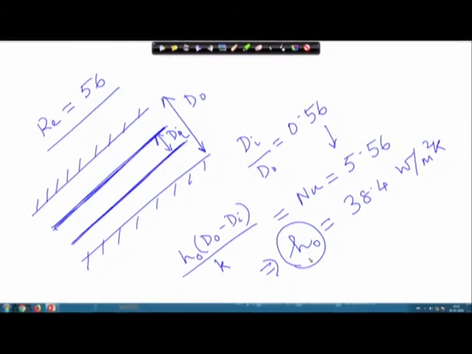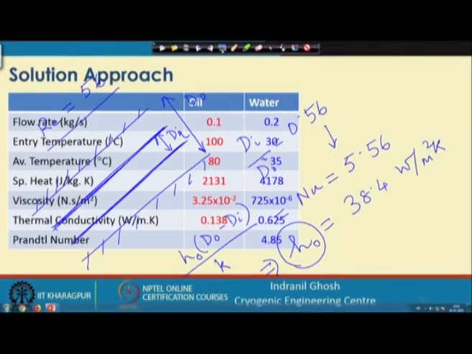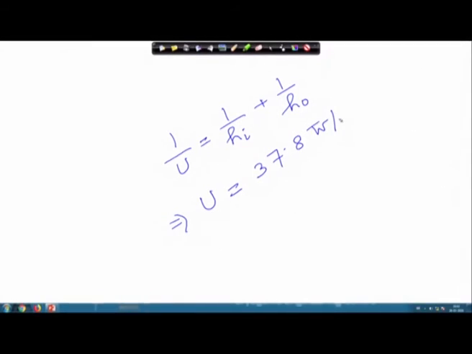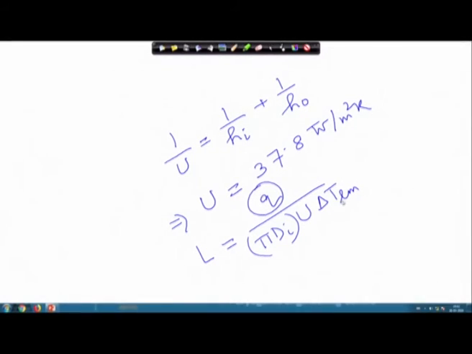Once we know the internal heat transfer coefficient and the external heat transfer coefficient, we can now find out the overall heat transfer coefficient. 1 by U is equal to 1 by h_i plus 1 by h_0, and that would give you an overall heat transfer coefficient U of 37.8 watt per meter square K. This information will now be used in Q equals pi d_i L into U into delta T_lm, where we know Q, we have estimated U, and we have already calculated delta T_lm.